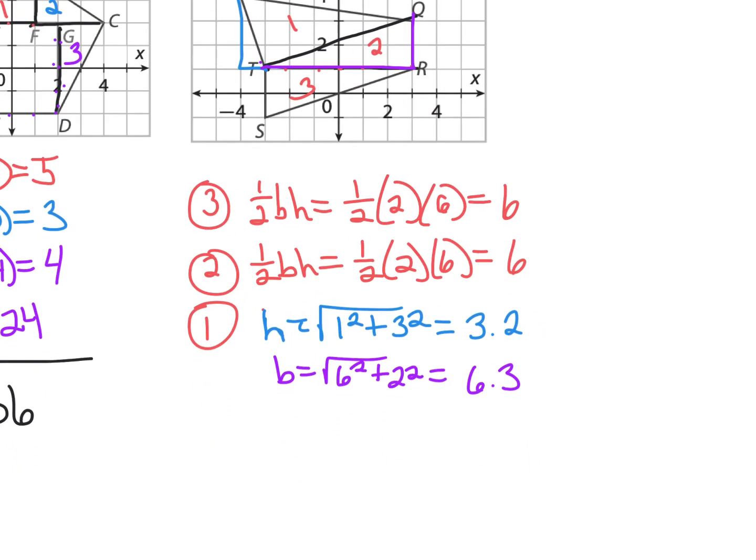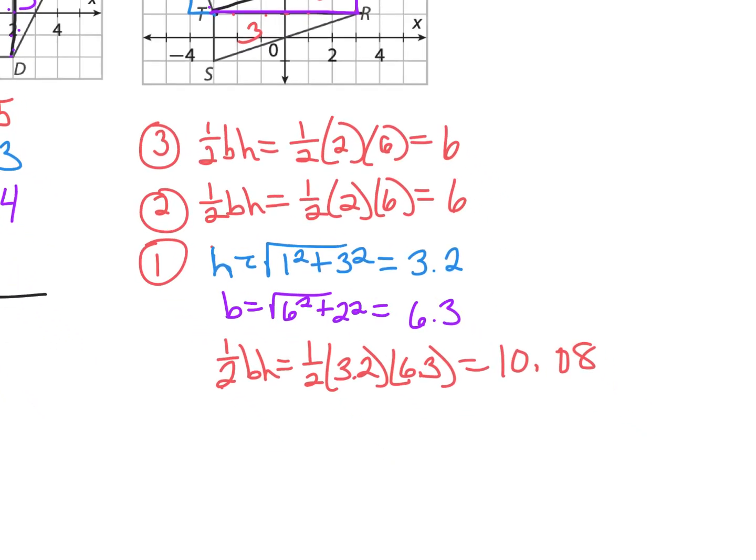So the area is 1/2 base times height. So 1/2 of 3.2 times 6.3. Times 3.2 divided by 2, 10.08.